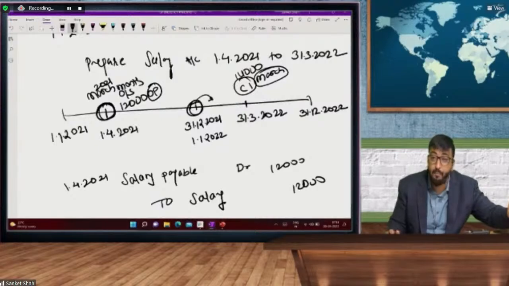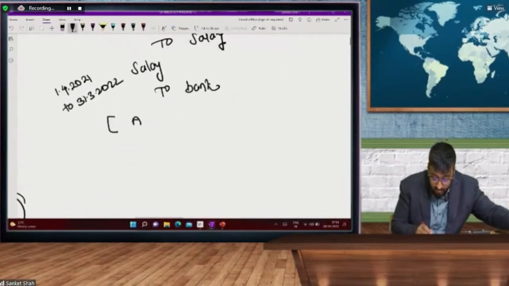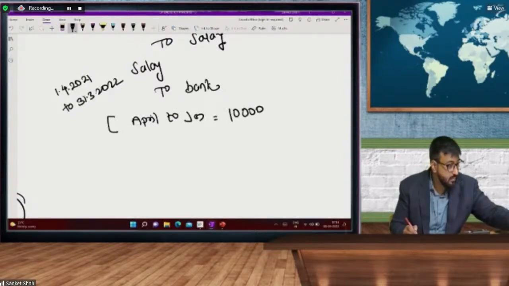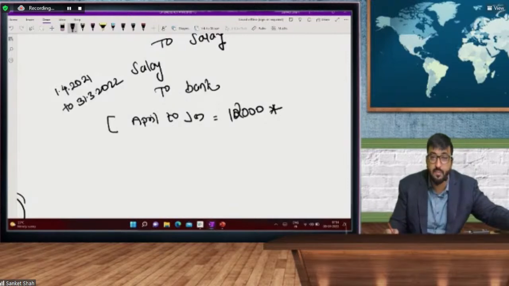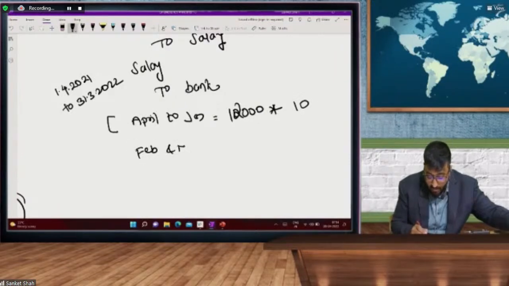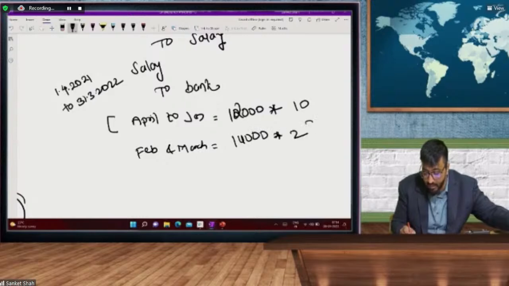So April to Jan, you will pay 12,000. How many months? 10 months. And February and March, you will pay 14,000 multiplied by 2 months.